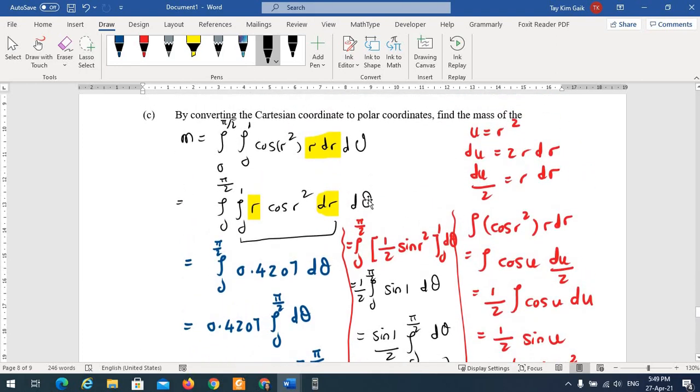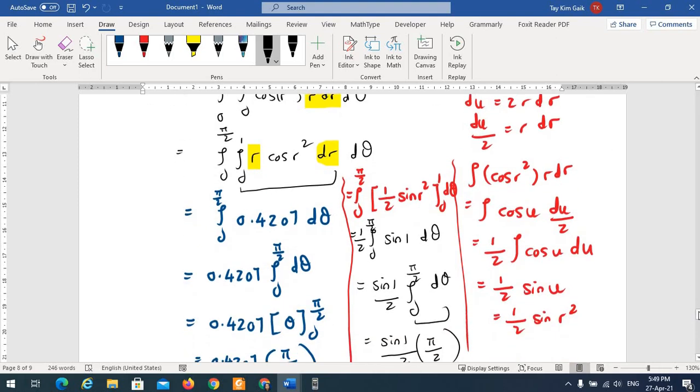It replaces u equal to r squared. So du is 2r dr. You notice you have r dr, right? So r dr changes to du over 2. So cos r squared becomes cos u. Integrate cos u, you have positive sin u. Replace back the u, exactly r squared.